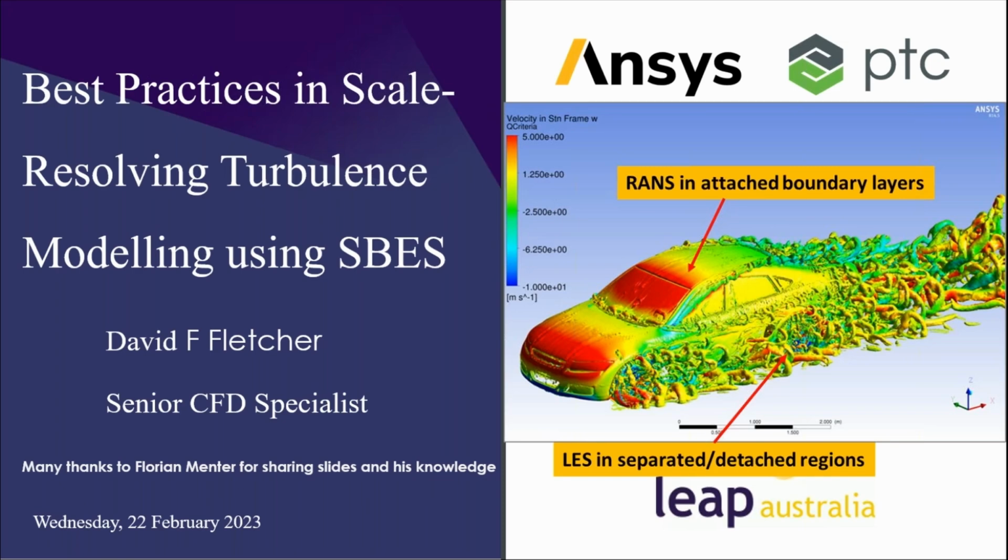So we've actually got a RANS model there being used. And if we choose a suitable RANS model, that's going to do a better job than LES, because to apply LES there, we're going to need a superfine grid. And if we don't do that, we will get things wrong. If we use a RANS model there where we know it works well, then we will get a good result.